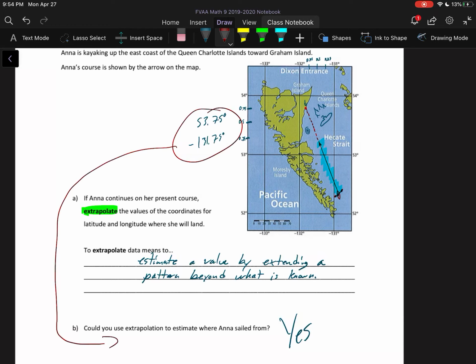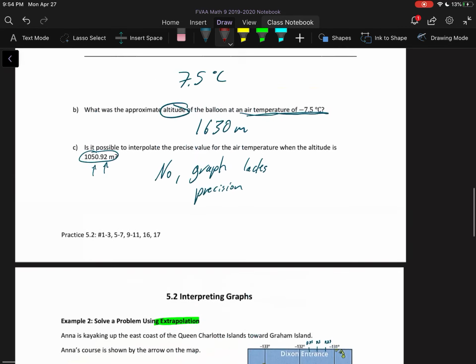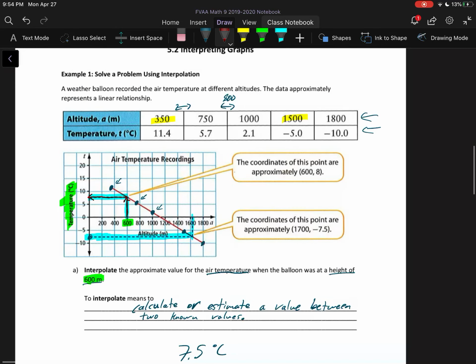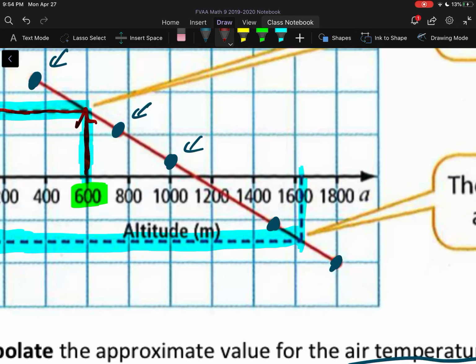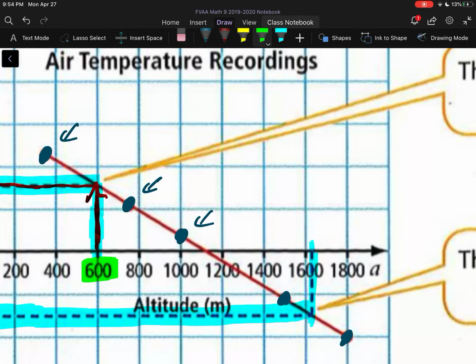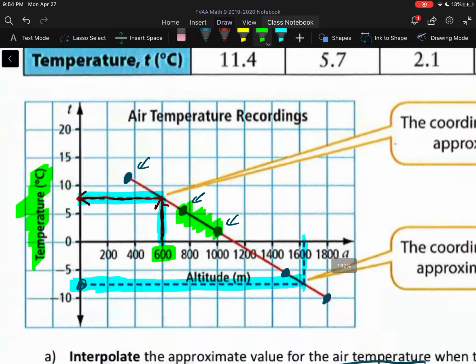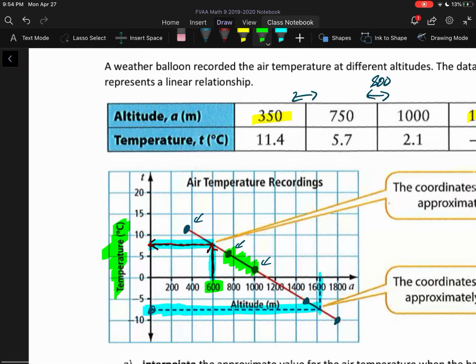Hopefully you answered interpolation. That is, the majority of the time, definitely the safer assumption of the two. Okay? Because less things can go wrong between this point and this point than from this point to infinity, right? So relative room for error is very small because the points are close to each other on the graph.